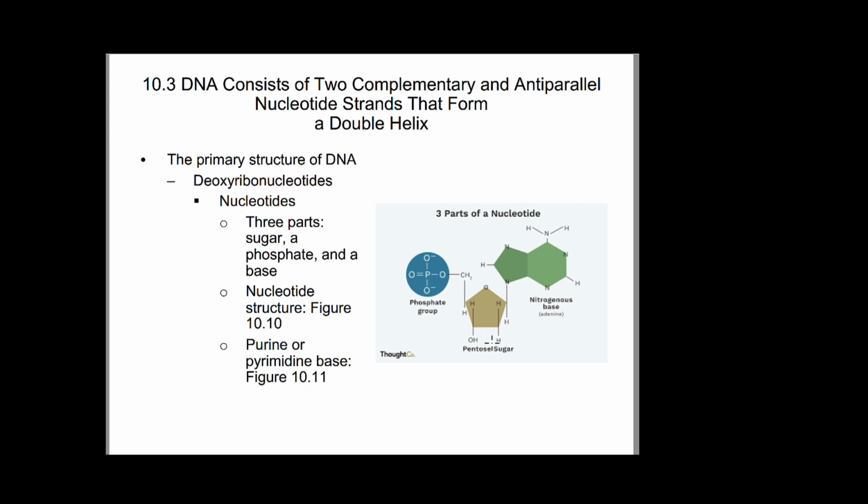There are three parts to DNA or a nucleotide. There's a nitrogenous base. Those are the bases that we talked about in Chargaff's rule, A, T, G, and C, or adenine, guanine, thymine, and cytosine. You also have the ribose, which is the sugar. And notice the placements of the carbons on the sugar. There's 1, 2, 3, 4, and then this is the 5th carbon.